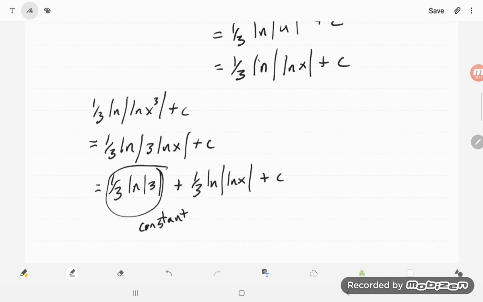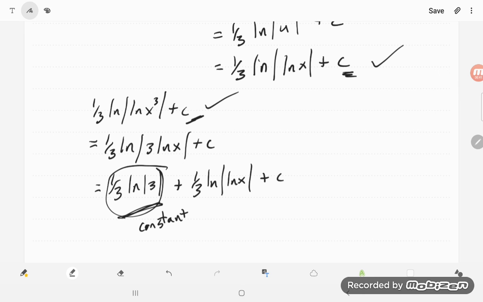And remember, we only know the antiderivative up to a constant. So this c here is not the same as that c there. Okay, but we still have just added a constant that we don't know. And so actually, yes, this answer is correct and this answer is correct because they only differ by a constant.